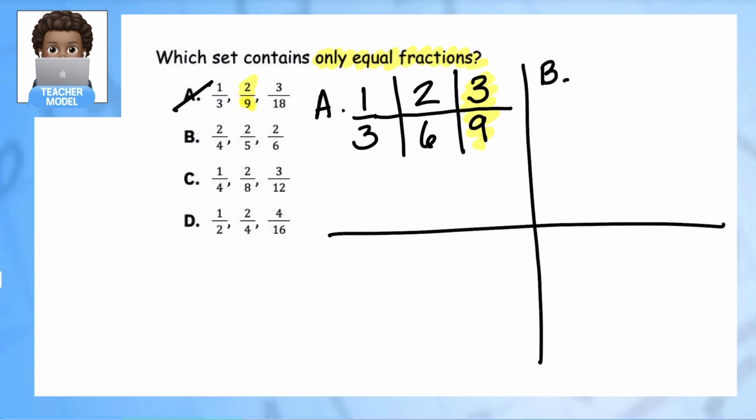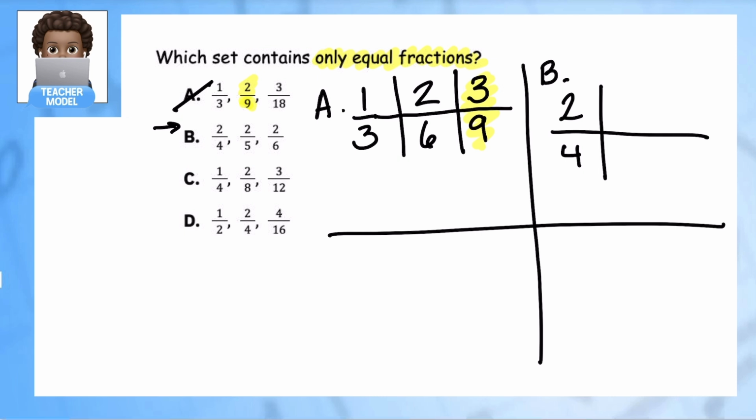Let's look at B, and I have 2 fourths. And I'm already seeing a problem because if I count by 4's, I'm not going to get 5 or 6. This also doesn't make sense because look at all my numerators. All my numerators are the same, 2, 2, 2. So when I have equal fractions, the numerator and the denominator will be different. I already know this isn't going to work.